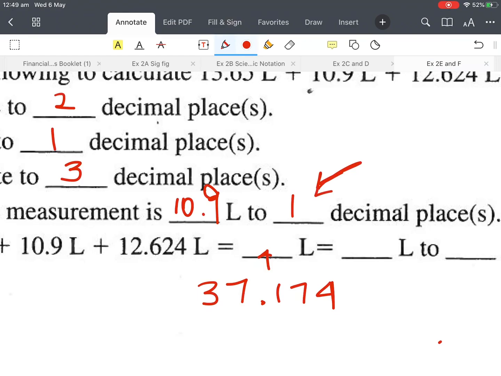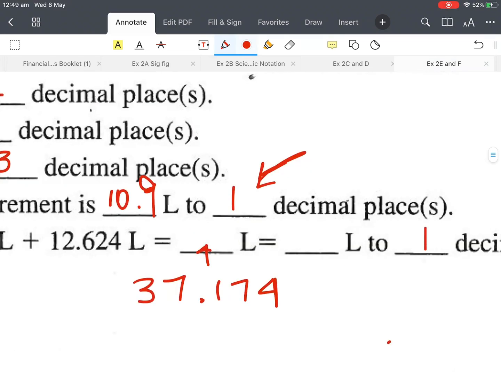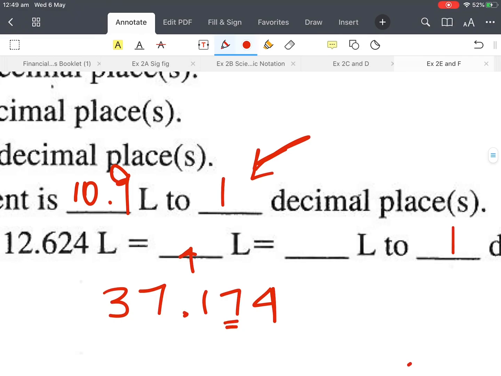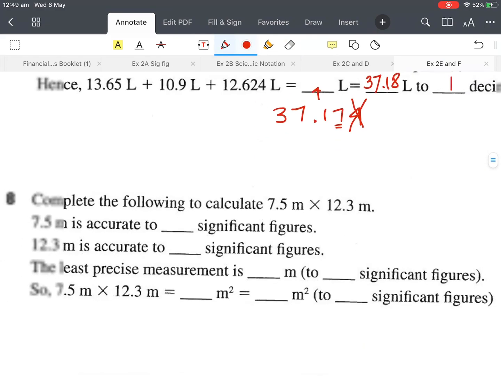This one here. So I have to round 37.174 to 1 decimal place, don't I? How do you do that? Okay, keep the 7, look at the 4, apply the rounding rules to the 4. Your answer is 37.2. Okay, beautiful.